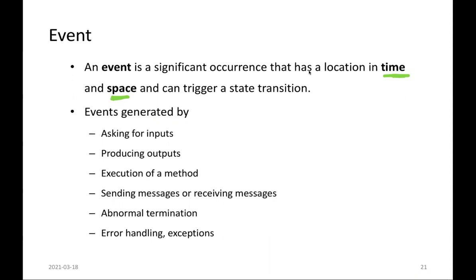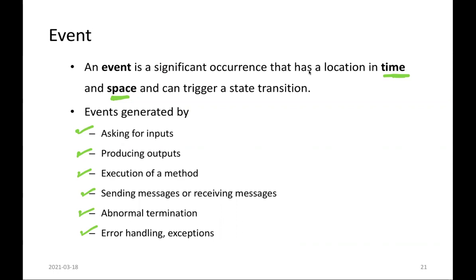What are the main reasons for generating events? It could be generated by asking for inputs or producing outputs, and even execution of a method. Sending or receiving messages can cause an event, or what we see a lot is abnormal termination causing an abnormality event, or even error handling and exceptions can cause events.